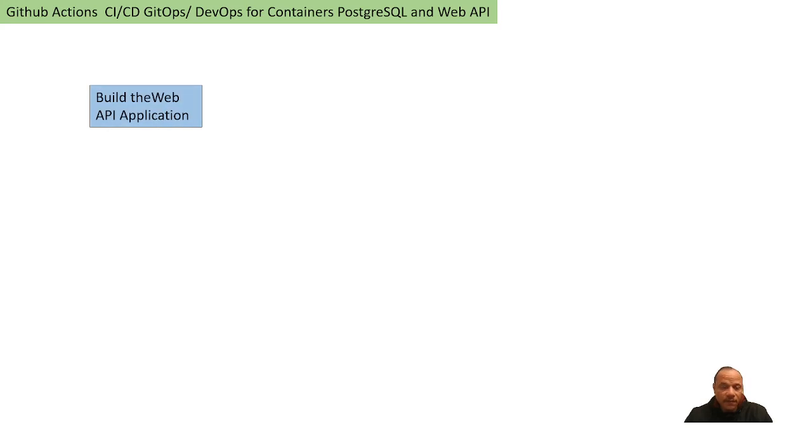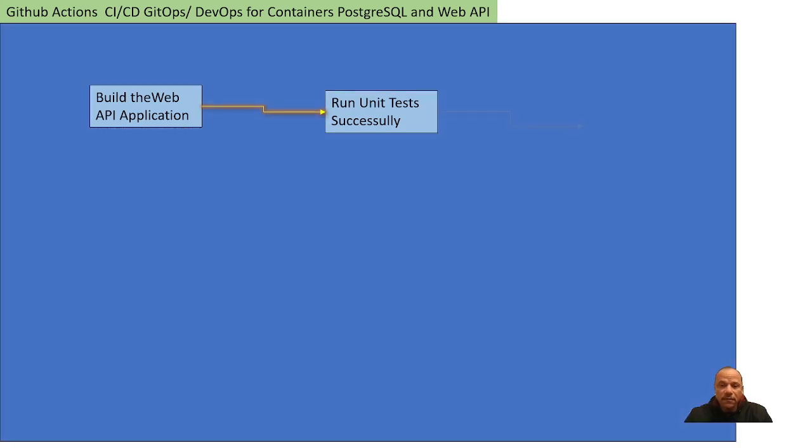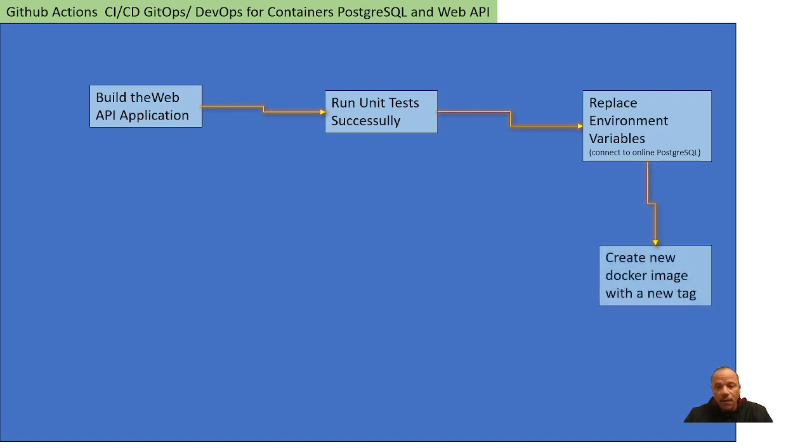After replacing the variables, first it builds the application and runs the unit tests. And when the unit tests are successful, it's going to replace the environment variable to connect to another database and other settings, of course. And then it's going to create a new Docker image with a new tag.